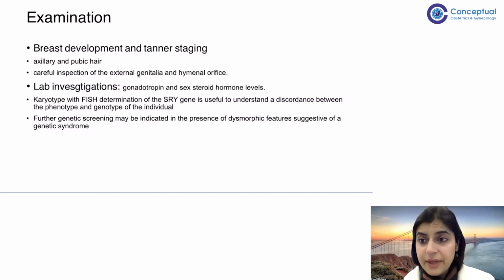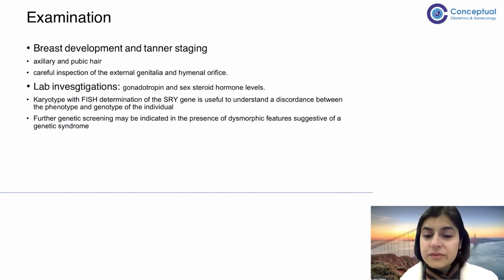So I ordered an MRI pelvis, an ultrasound KUB, and only a karyotype. I did not order any hormonal levels because I felt the external genitalia looked normal. Although the levels would probably have been low, because she might have had less estrogen exposure in her life. But her karyotype came out to be 46XX, and I was sure that we are dealing with true MRKH syndrome only, and there is nothing to deviate from this.